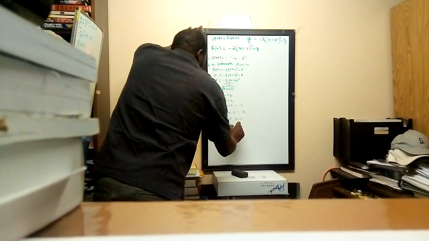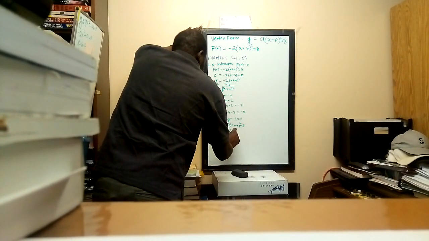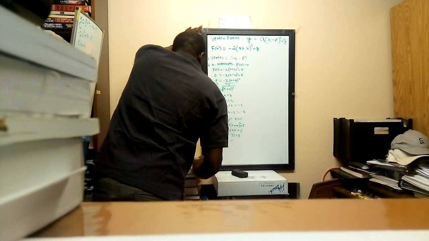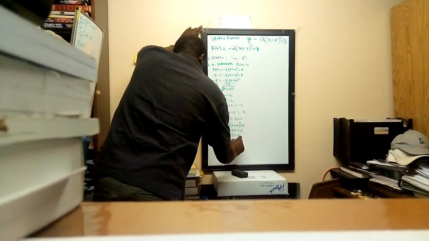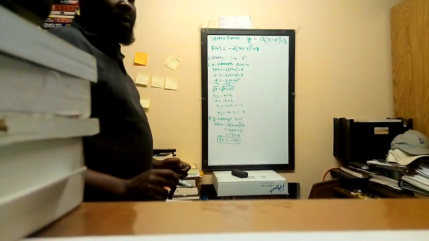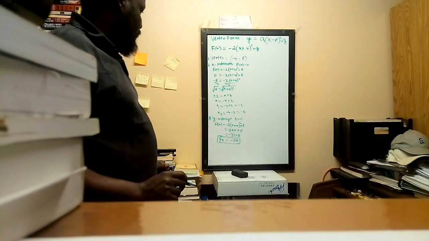So you will have 0 there, plus 4 squared plus 8. You would have -2 times 16 plus 8. So -32 plus 8. So f of x is -24. So that's our y-intercept, where our graph will cross the y-axis.